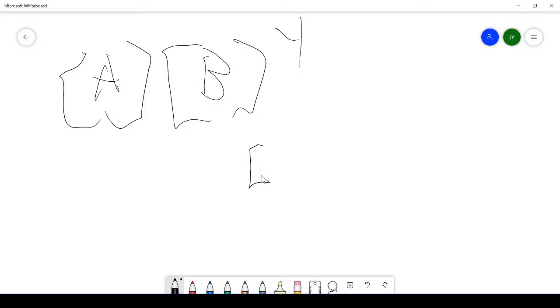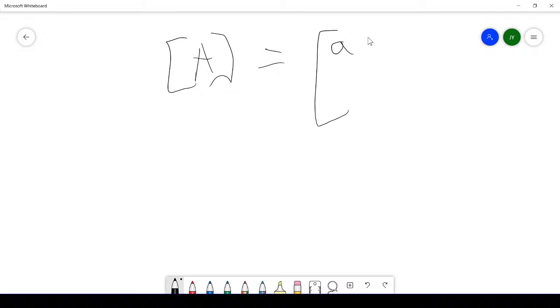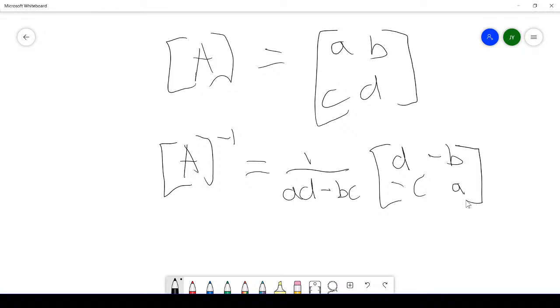So, let's say matrix A is equal to A, B, C, D. The inverse of this is equal to 1 over AD minus BC, times the matrix D, minus B, minus C, A. So essentially, as you can see here, the places of A and D get swapped, and B and C become negative.